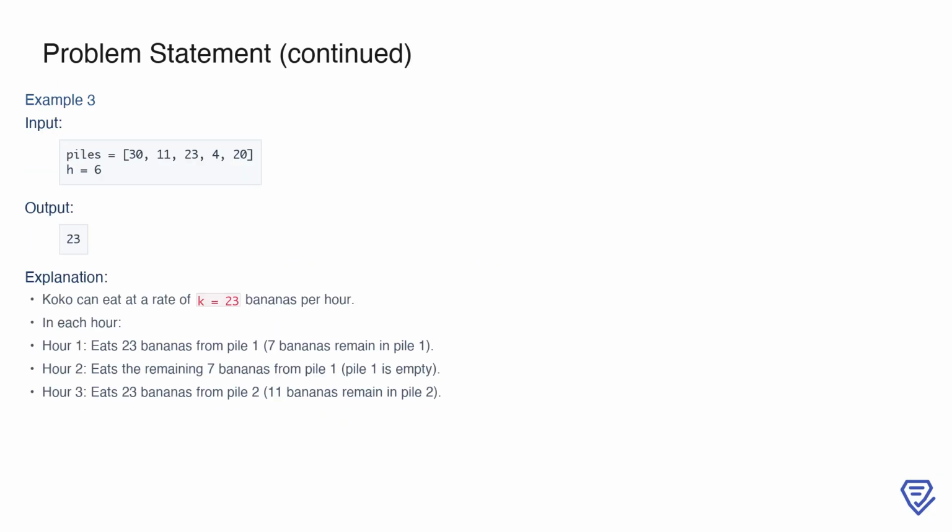In another scenario, let's take piles equals [30, 11, 23, 4, 20] and h equals 6. Here, the minimum speed k that allows Koko to finish within 6 hours is 23. Let's break this down. In the first hour, Koko eats 23 bananas from the first pile, leaving 7 bananas there. In the second hour, she finishes the remaining 7 bananas from the first pile.